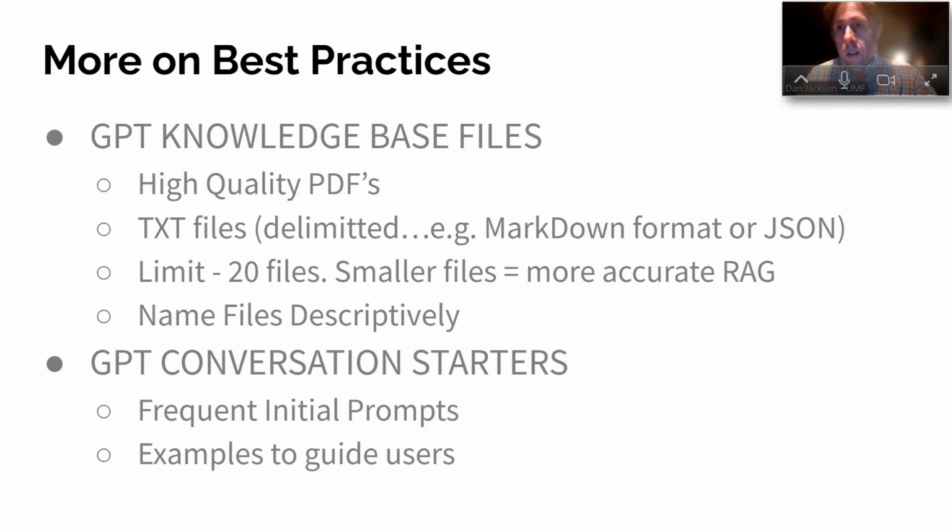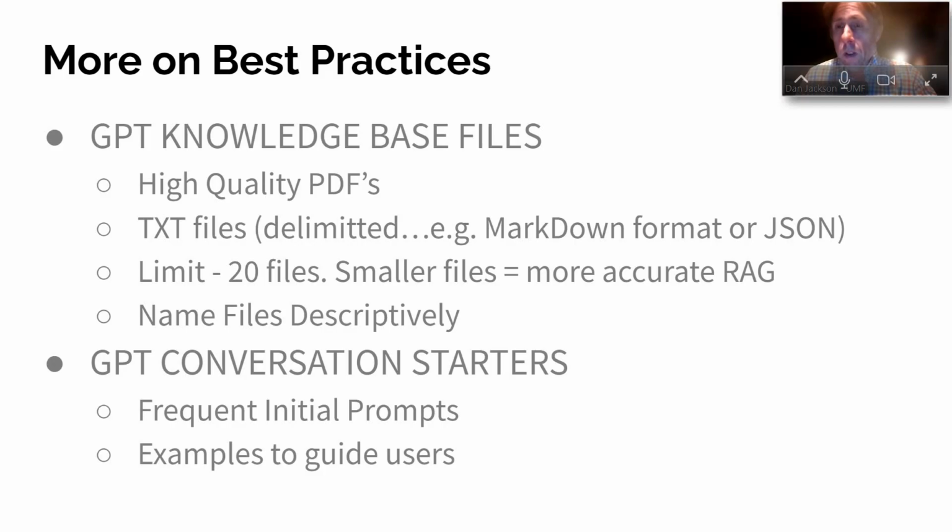And in addition to having the name, description, and instructions for the GPT, you're also able to upload files, which we call knowledge base files. And so some of the recommendations that I make for what kinds of files to upload, I find that high quality PDFs work best.